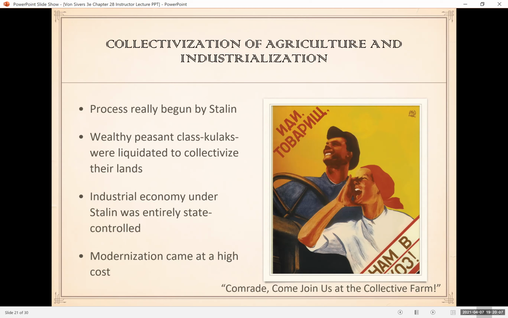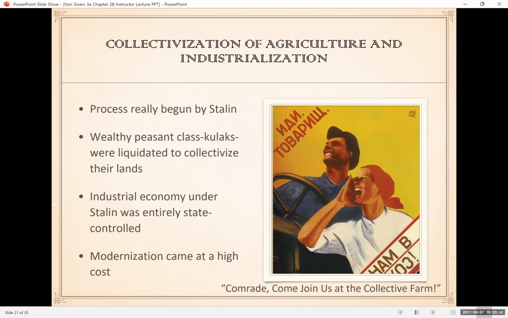And he would cross the numbers out and write double the numbers in the margins. It was entirely about getting people so scared they would self police and do whatever the leadership told them to do. So that was the Great Terror.